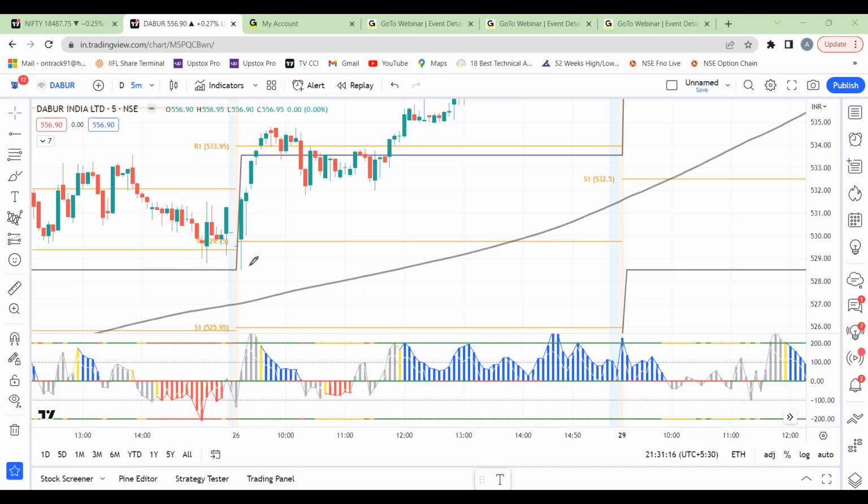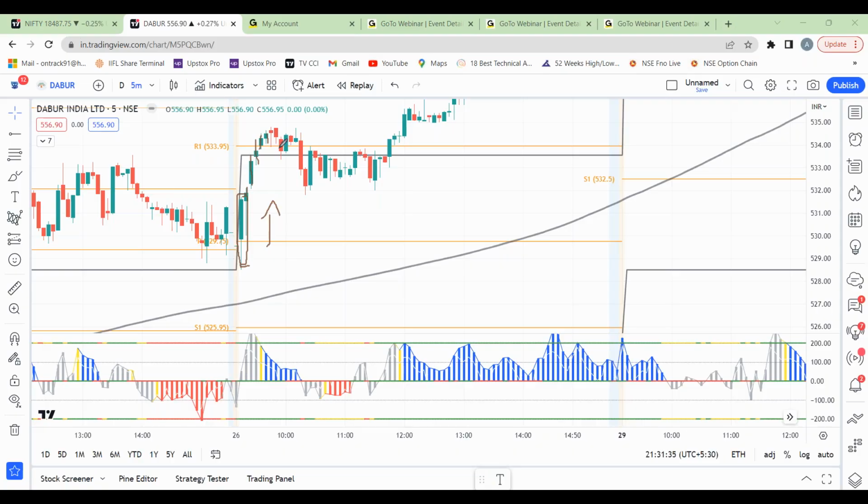After market opening, the stock started with a buy candle above pivots. So this definitely is not a sell trade entry. Stock went up, up, up. You're seeing only green candles. So where is the sell? There is no sign of sell.